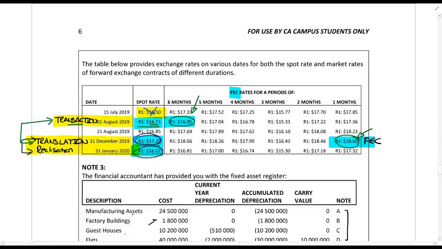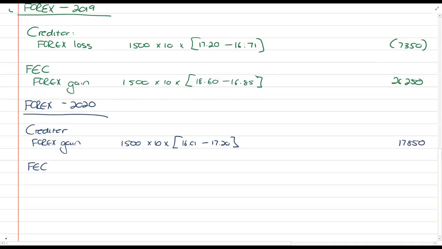FEC, the last time we looked at it was 1860. We now have to use the spot rate. So basically what we're saying is, the last time we looked at it, we thought we were going to pay 1860. If we had taken it out today, if we hadn't done it, it would pay 1601. So we've made a loss here.